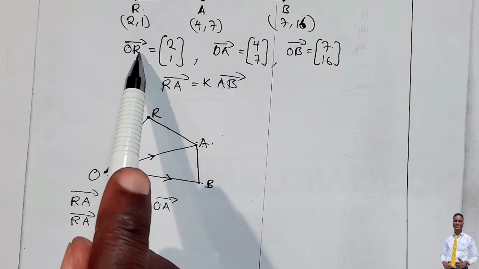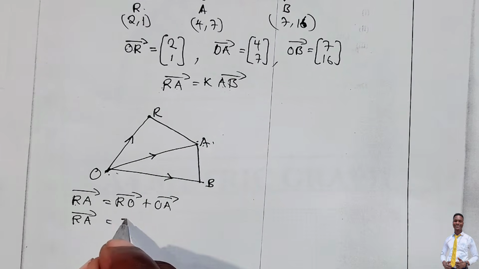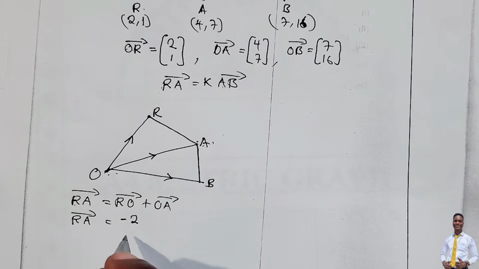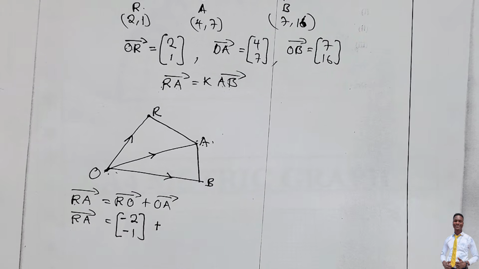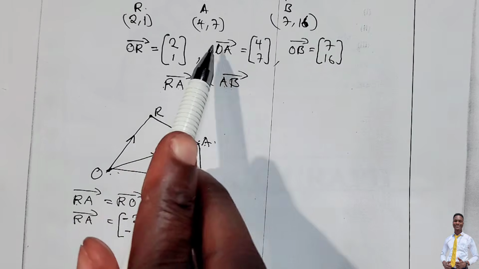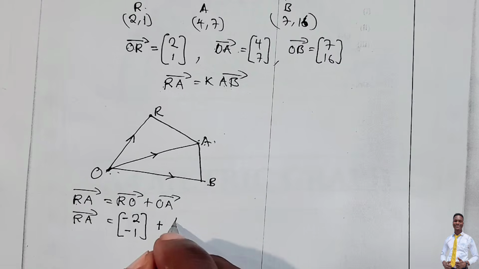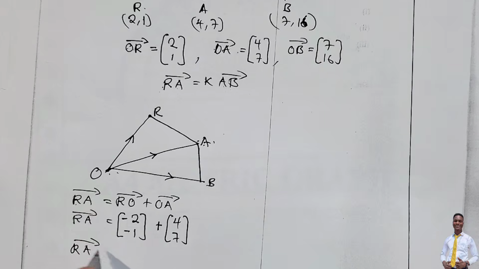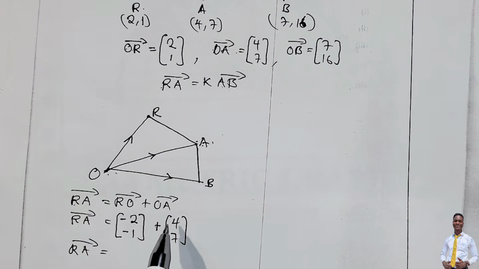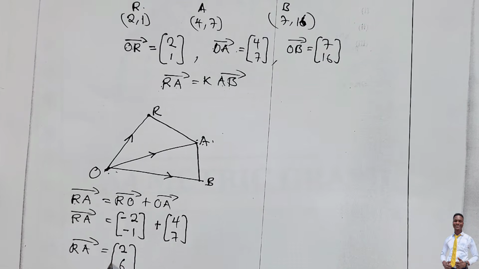Here we have OR, so RO is opposite and the signs will change. The positive 2 becomes negative 2, the positive 1 becomes negative 1, plus OA. We're not moving in the opposite direction; it's not AO but OA, so we maintain 4 and 7. So RA is equal to negative 2 plus 4, which is positive 2, and negative 1 plus 7, which is 6.